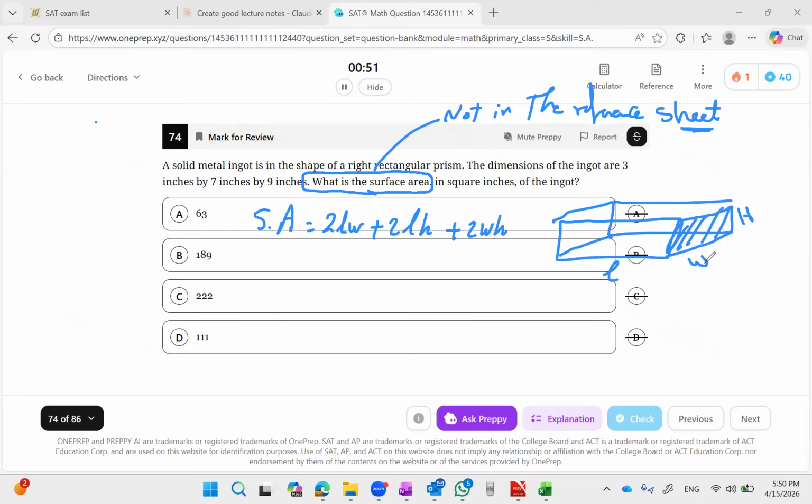This area is a rectangle, width by height, and you have the same here. And this one is area L by W, and you have the same one here. And finally, you have one at the front, which is H by L. So it's 2 times 3 multiplied by 7, plus 2 times 7 by 9, plus 2 times 3 by 9.